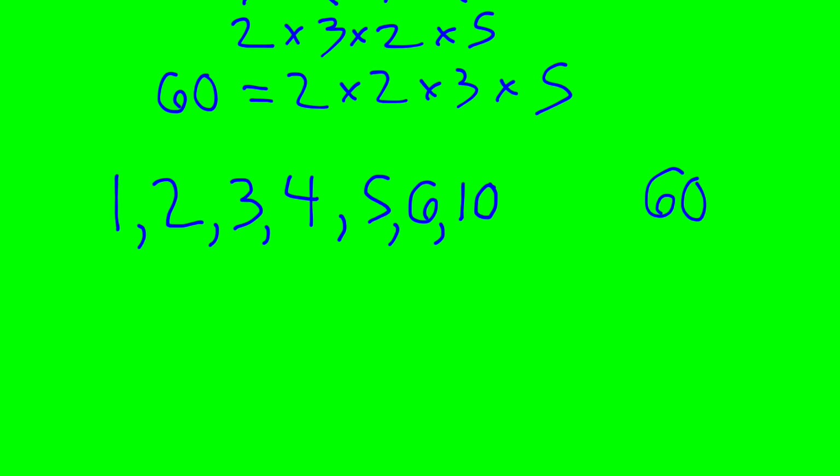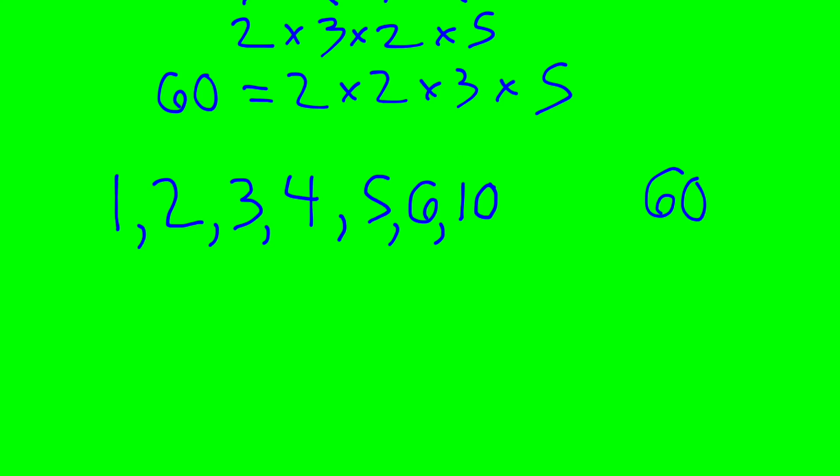All right, now I've got to look at my groups of 3 numbers. Look at all the combinations of 3 numbers. Well, the first one that I see is 2 times 2 is 4, times 3 is 12.